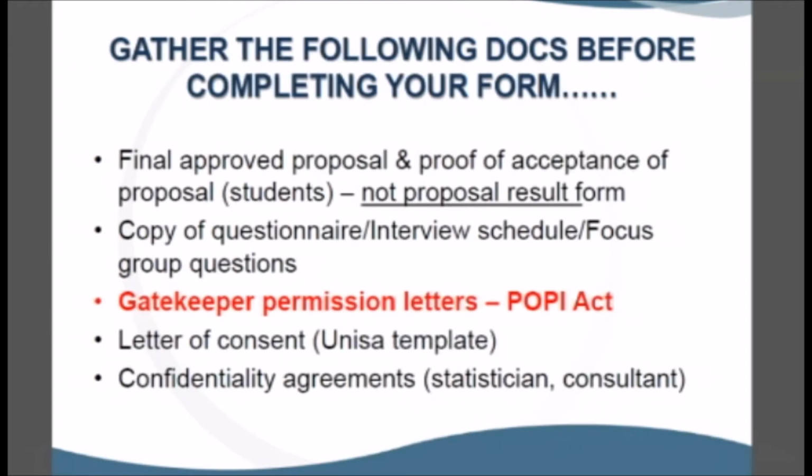If you make use of questionnaires or interview schedules or focus group questions, you need to have that in place as well. What is very important is that by the time you apply for ethical clearance, those measuring instruments have been finalized, because as soon as you change them, you need to go through this process again, and it's going to delay your study as well.